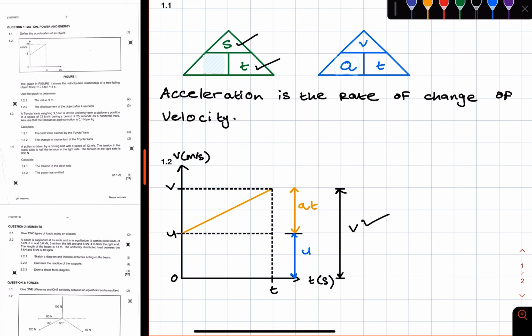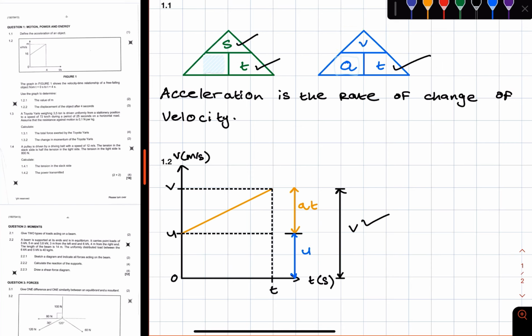So if we wanted the change in velocity, the change in velocity will be equal to acceleration times time. So this will be equal to a times t, so acceleration times time.